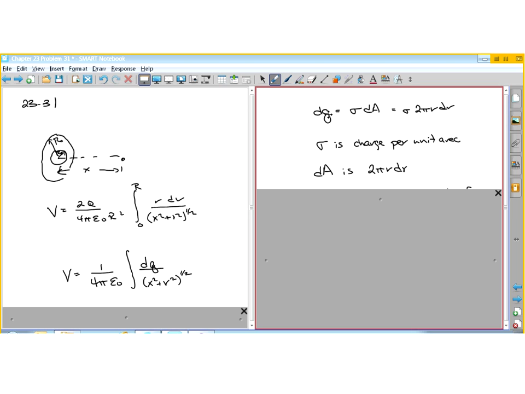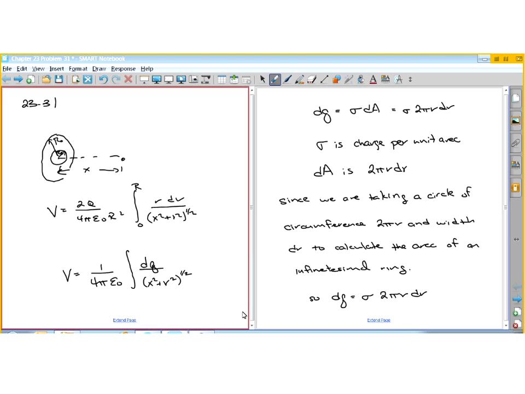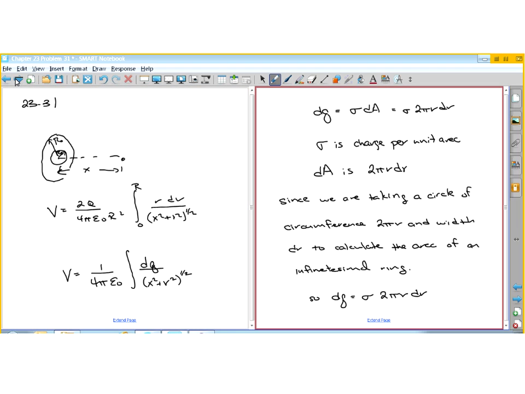For dq, we can put sigma times dA, and then for dA we put 2 pi r dr. We are taking a circle of circumference 2 pi r and a width of dr to calculate the area of the infinitesimal ring, so the infinitesimal charge is the charge per unit area times the infinitesimal area, dA, which can be rewritten as 2 pi r dr. Okay, so we can replace dq with that.